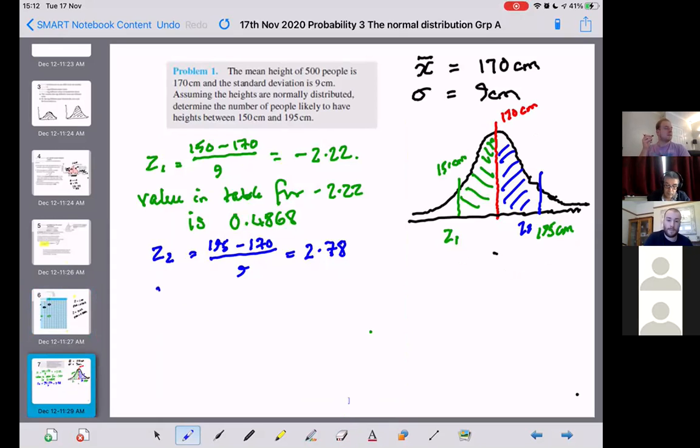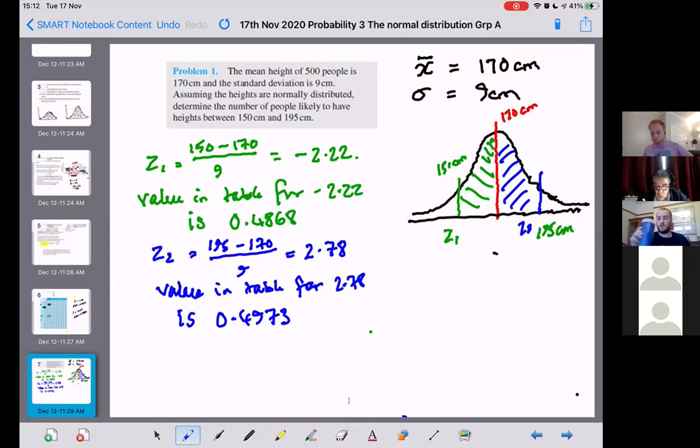Mike, this might be a silly question, but you can't have minuses in probability, can you? Just hang on, let me write this, James, and I'll explain it. For 2.78 is 0.4973.